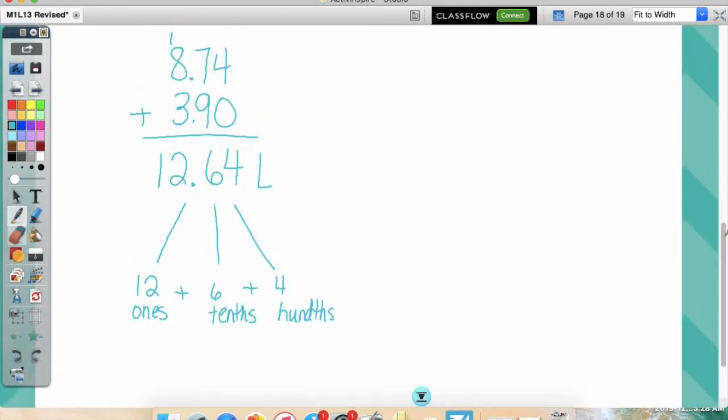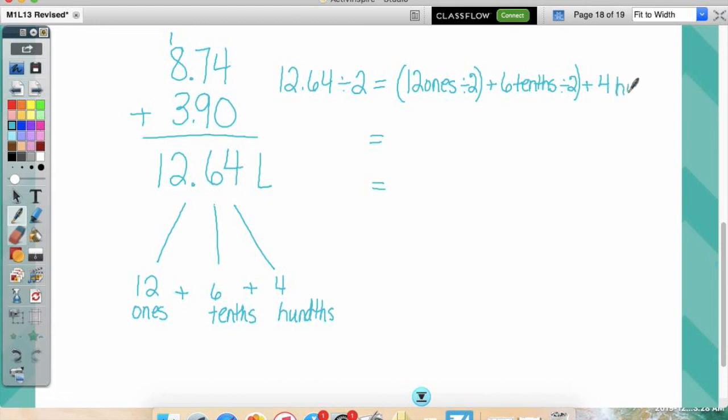So I'm going to do 12.64 divided by 2 equals. So it's going to be 12 ones divided by 2 plus 6 tenths divided by 2 plus 4 hundredths divided by 2.